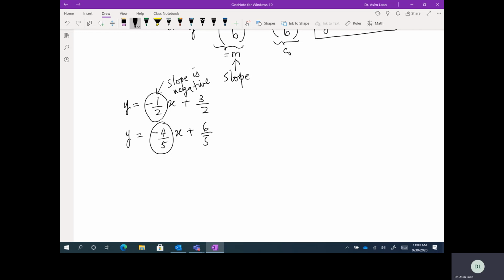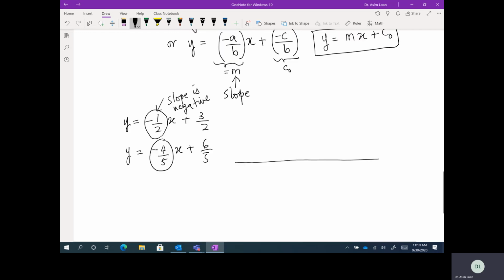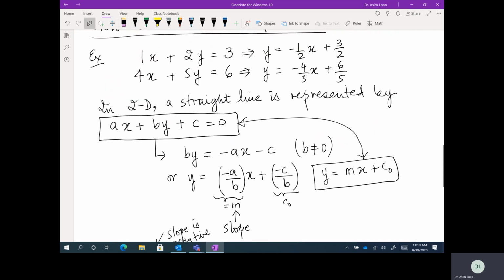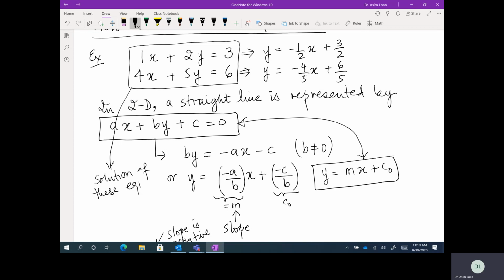These are the y-intercepts. When we say we want to find the solution of these two equations, this simply means we want to find where they intersect, right? So the solution of these equations implies where they intersect.